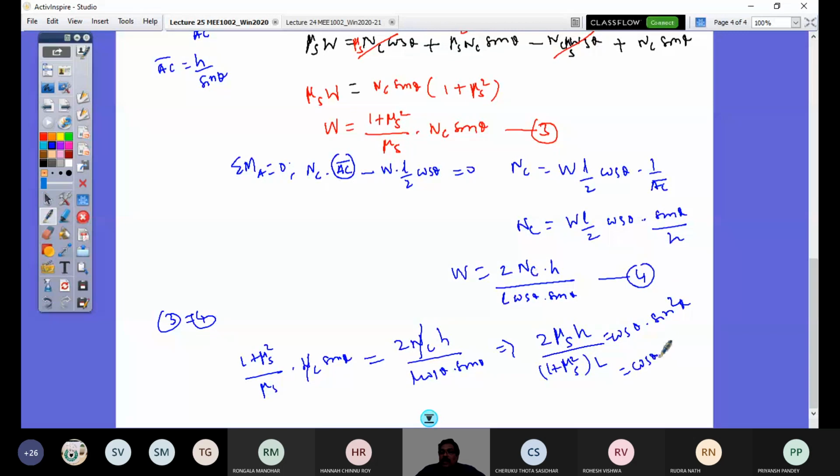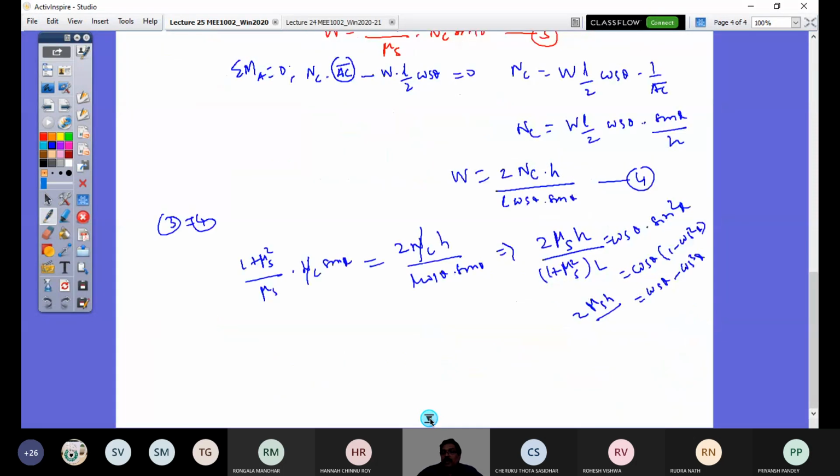So cos theta into 1 minus cos square theta, I can rewrite as cos theta minus cos cube theta. What is on this side is 2 mu s h by 1 plus mu s square into L. So what was asked, you have proved. This is the proof.